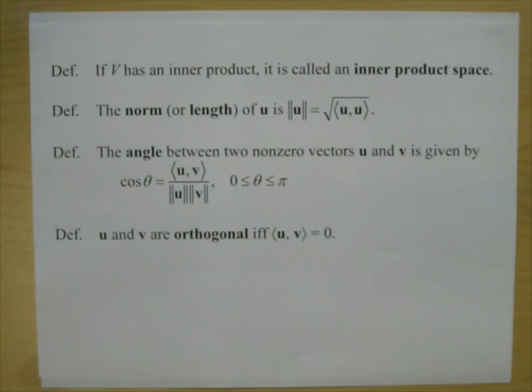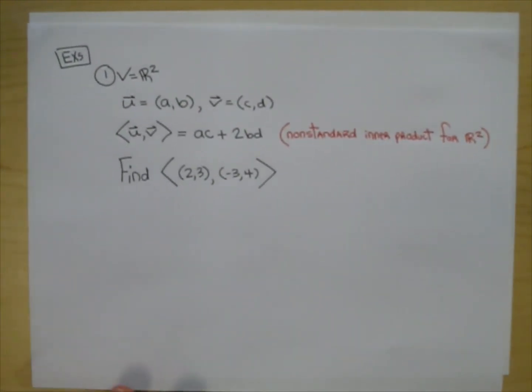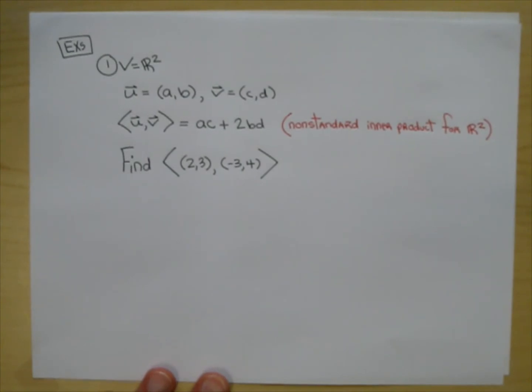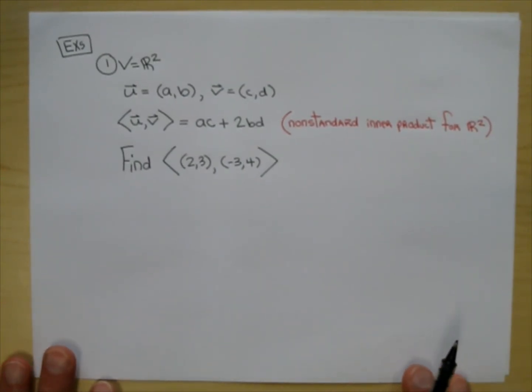So the rest of 5.1 is just some examples. And so that is what I'm going to do. We're going to make sure that we can crank out an inner product. So let's do that. Now the dot product in Rn, or the dot product in R2, is the standard inner product for R2.